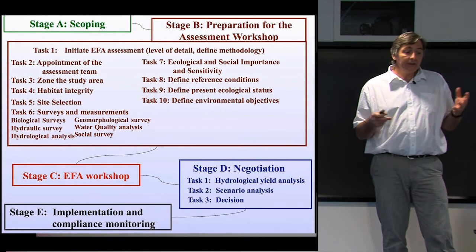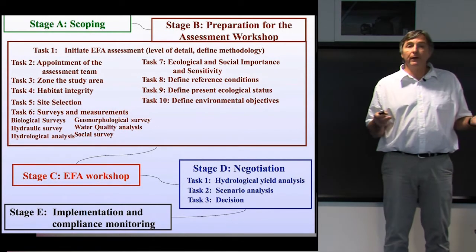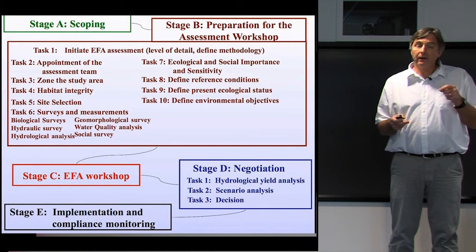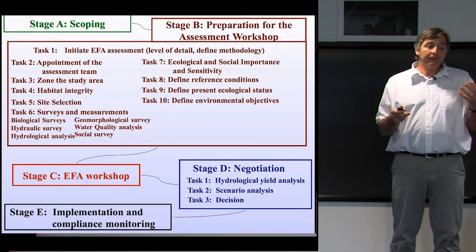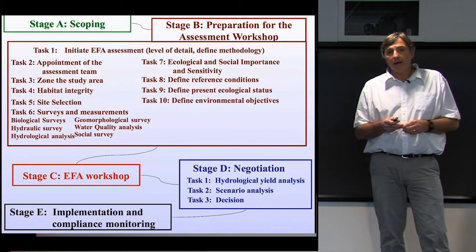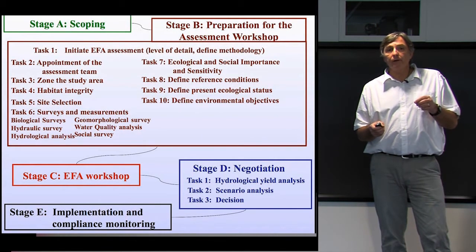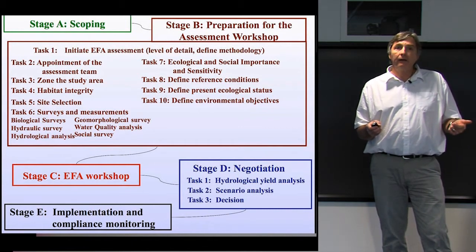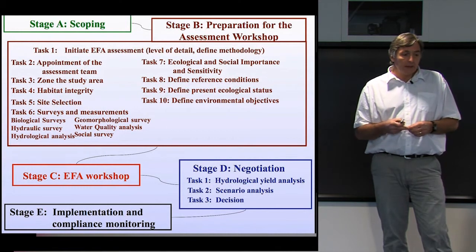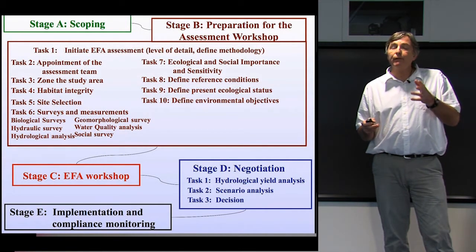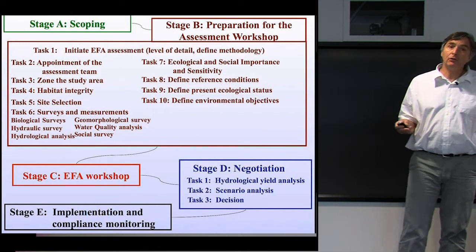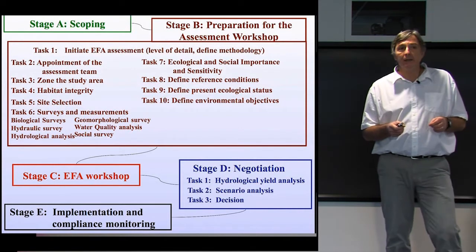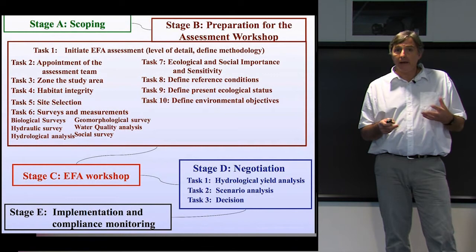Then Stage C, the actual environmental flow assessment workshop, where the flows are actually assessed by the different specialists. Stage D is a negotiation process where the recommended environmental flows are then added in with the user requirements in terms of domestic, agricultural, industrial, and so on uses, to see whether the flows in the river can meet all those requirements and the environmental flows, and if not, obviously there have to be negotiation and compromises.